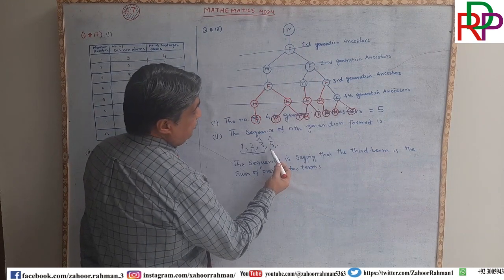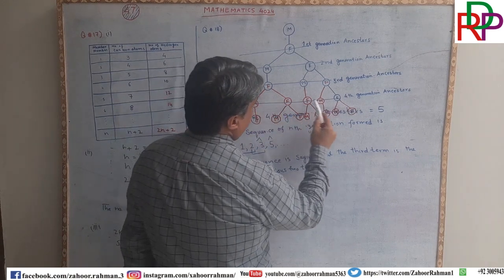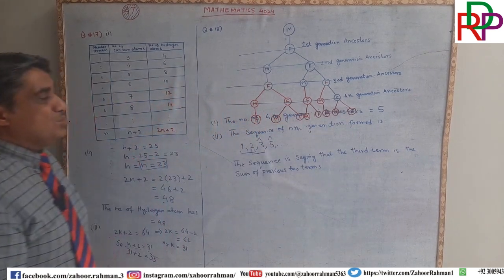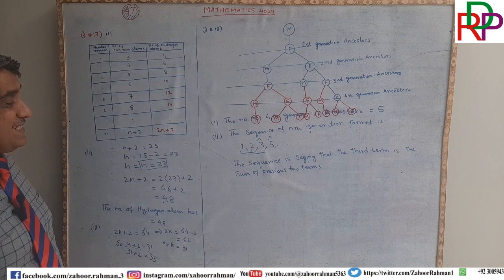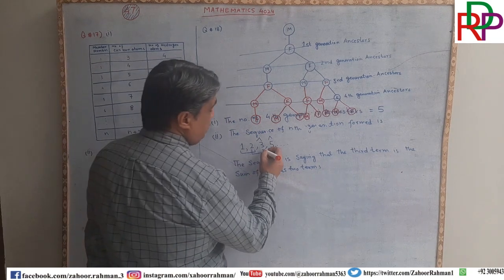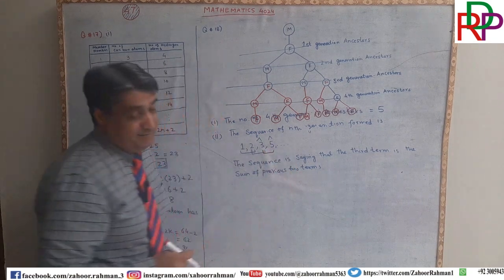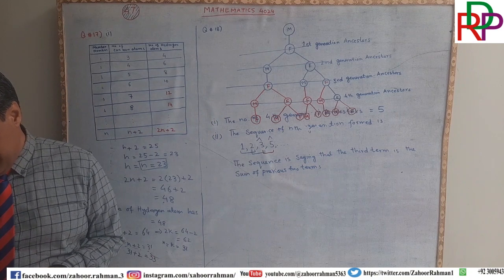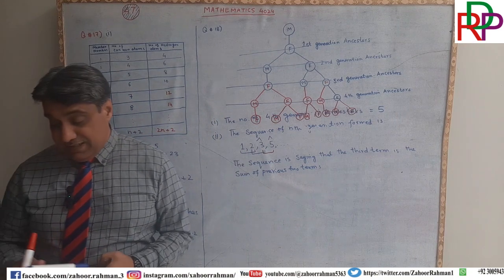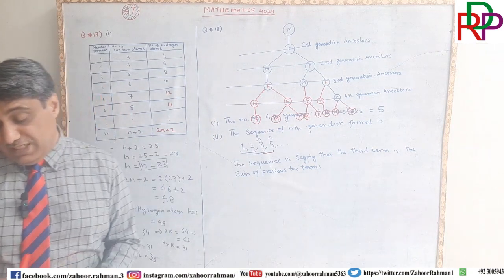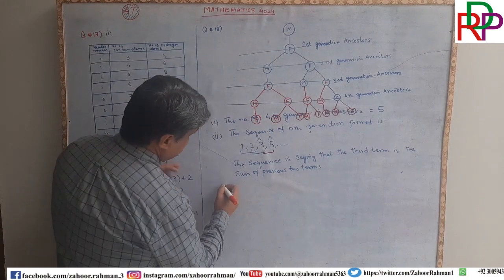And in the fourth one, there are fifth generation. So what will be the next generation? I told you that 3 plus 5 will give the number of fifth generation ancestors.